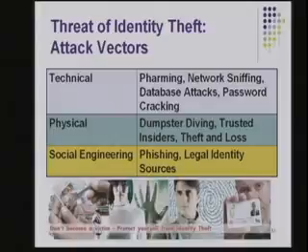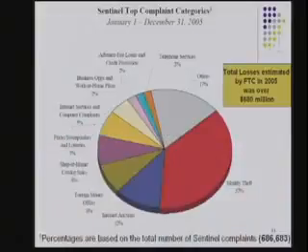So there are different ways of attacking an identity system. And the recent FTC report shows that 37% of the entire set of complaints, which was 686,000 complaints, a huge number, as you can see there, is just identity theft.